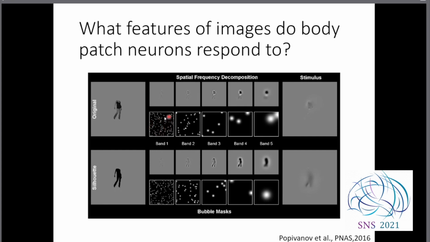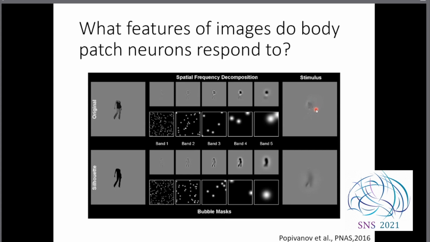We have many of them for the low frequencies, and fewer of them for the high frequencies. We apply the bubbles, then add all the frequencies together and get an image like this, in which some parts of the body and some frequencies remain and others are gone. We generate thousands of images like that, and we present those to the cell.